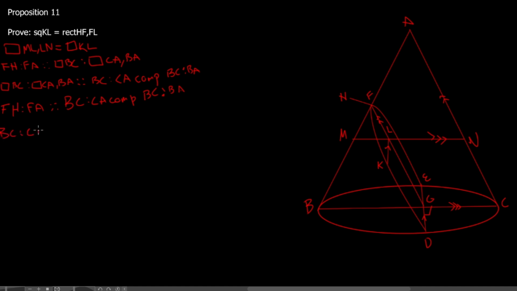So the ratio BC to CA is the same as the ratio MN to NA because the triangle ANM is constructed with this line parallel to this line. So they're similar. So BC to CA, MN to NA.